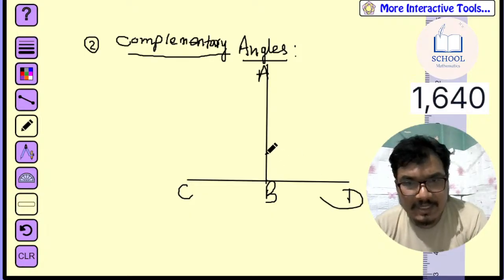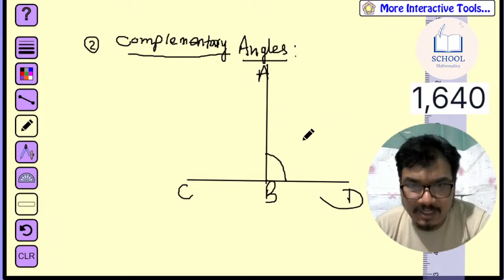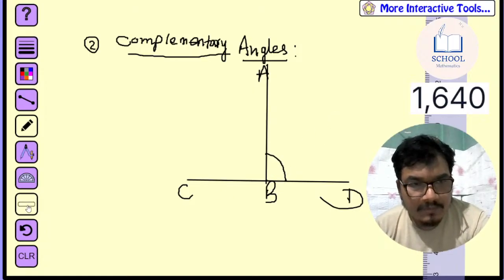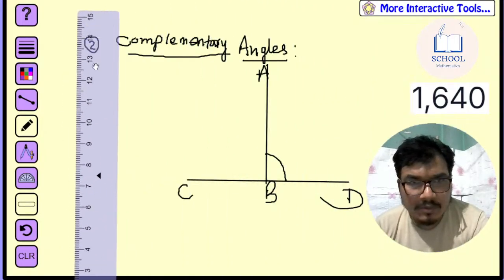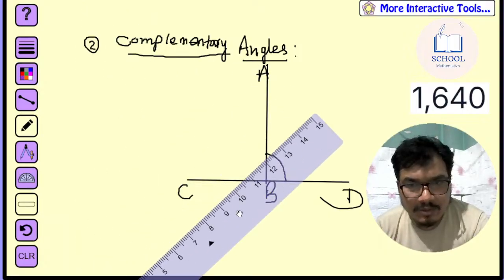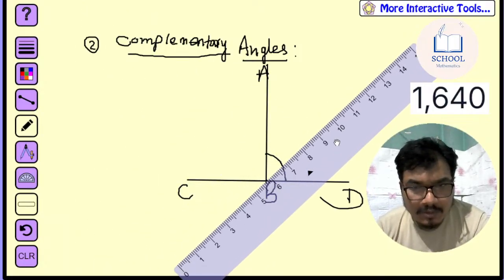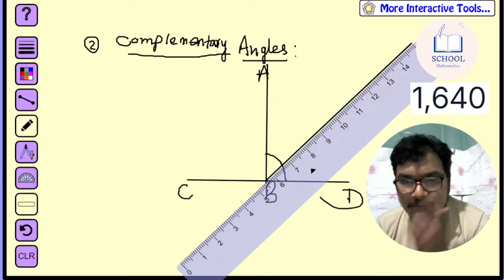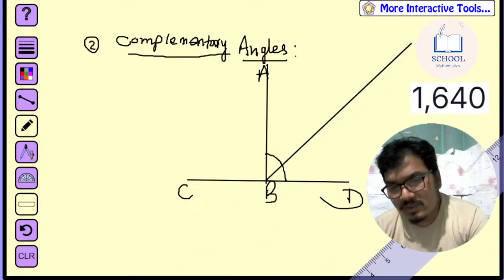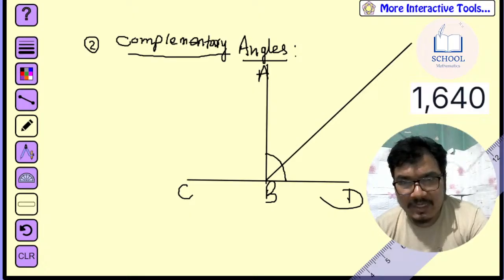When we add this line, look here, we are dividing this angle into two parts, like this. See, it was 90 degrees right here. Now when we add this AB, and you can put there E, right?